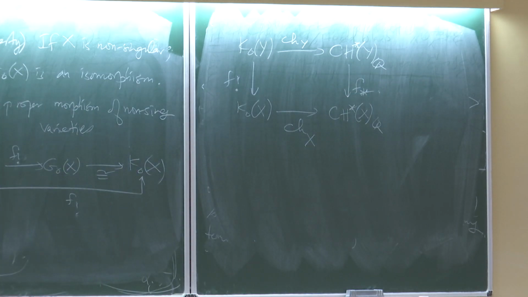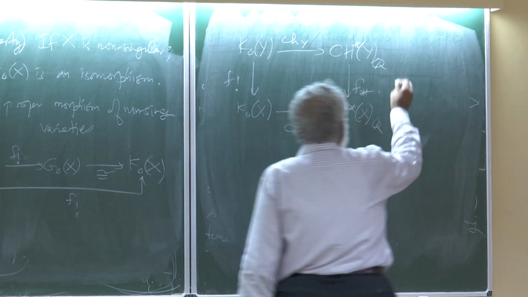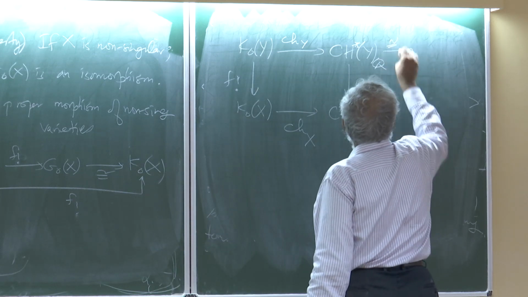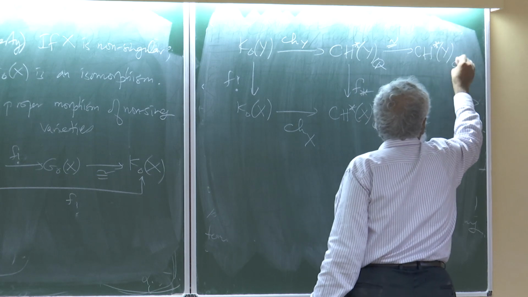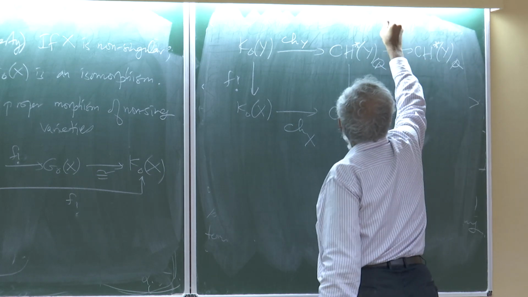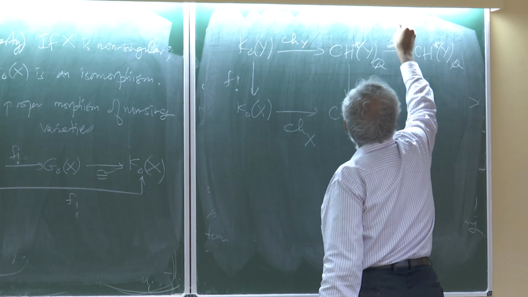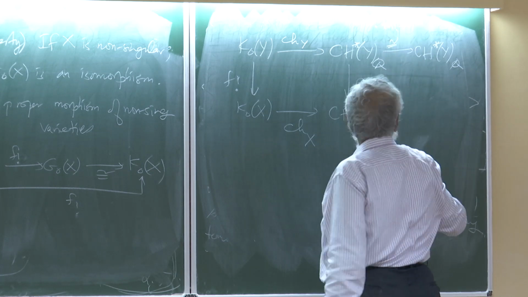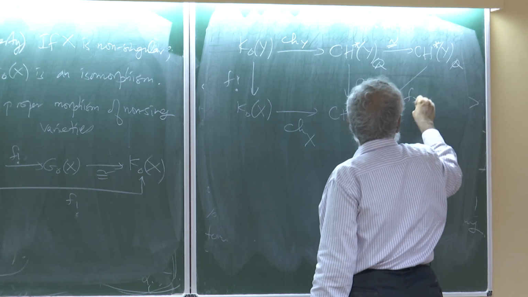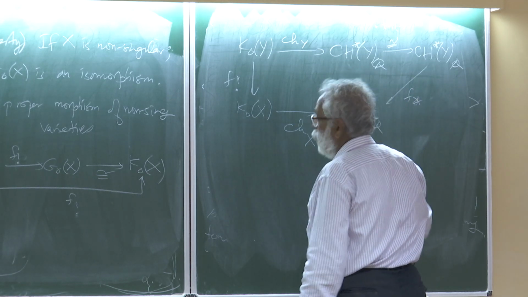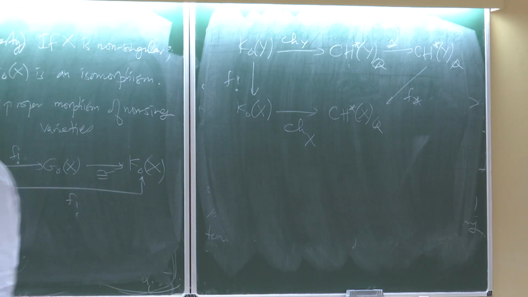Okay, and the Grothendieck-Riemann-Roch theorem says that it's not commutative, but I can do an isomorphism here by something like multiplying by the Todd class of the map f, whatever that means. This is an isomorphism, and then afterwards it does commute. So this doesn't commute, but this commutes. That's the Grothendieck-Riemann-Roch theorem.